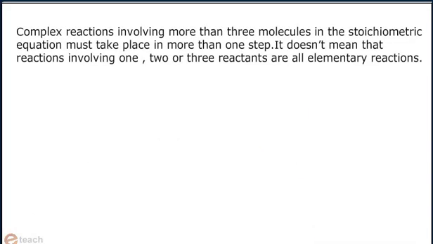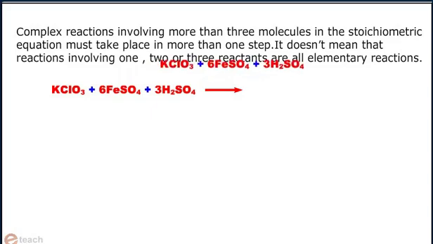A complex reaction involving more than 3 molecules in the stoichiometric equation must take place in more than one step. It doesn't mean that reactions involving 1, 2, or 3 reactants are all elementary reactions. Let us take a reaction.